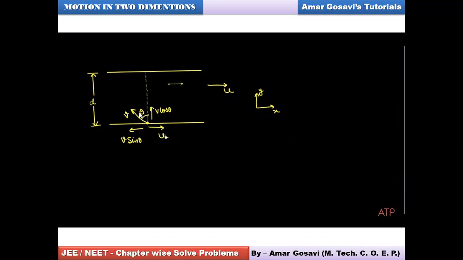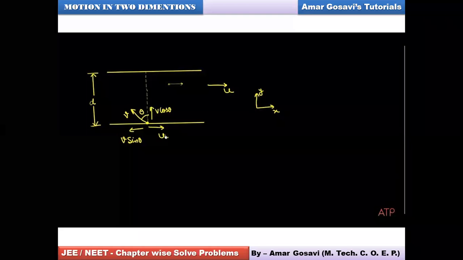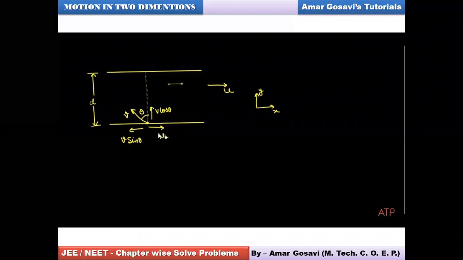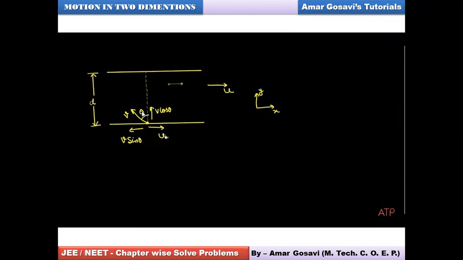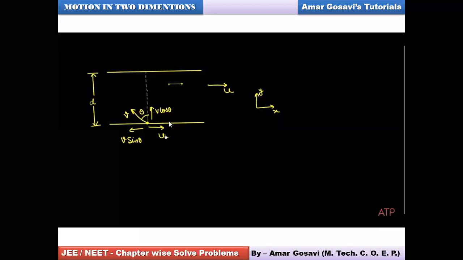All right. So if this angle is theta and v is the speed with which the swimmer would be moving, and I resolve it into two components, you can see the adjacent component to v is v cos theta and the other component is v sin theta. So I can resolve this vector into two components. And u stands for the speed of the river.